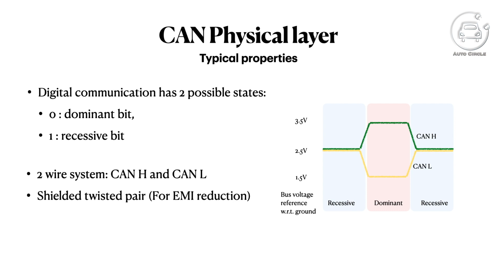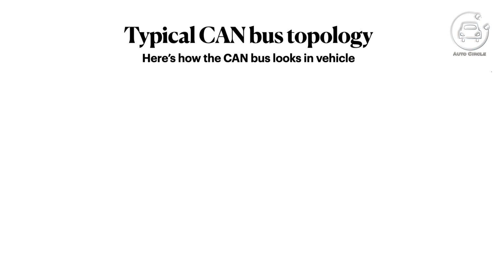In the dominant bit, CAN high voltage is significantly higher and CAN low voltage is lower, which amounts to a voltage difference of roughly 2 volts. All of the voltages are with respect to the low voltage ground present in the vehicle, which is generally the vehicle chassis.